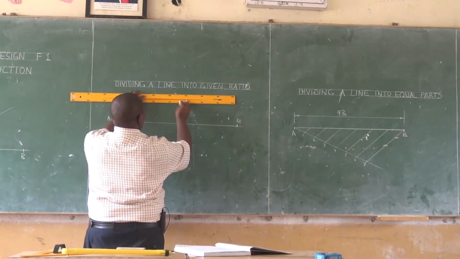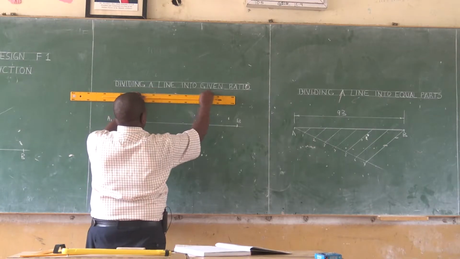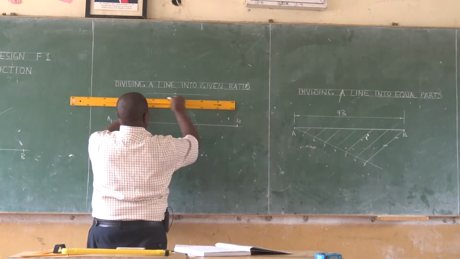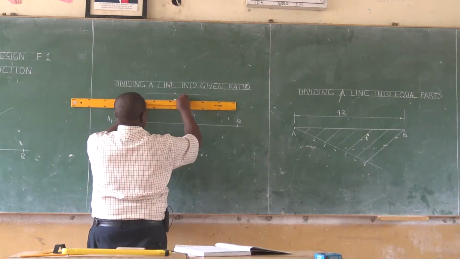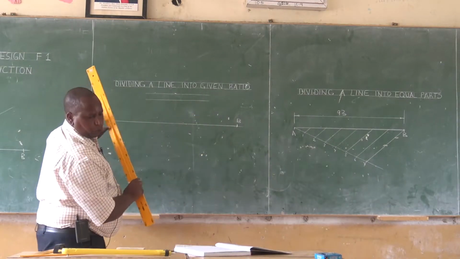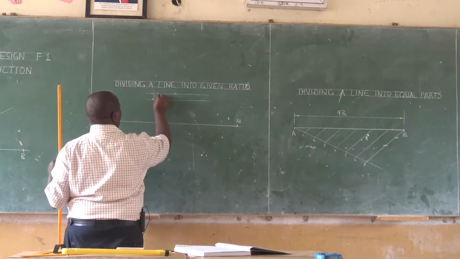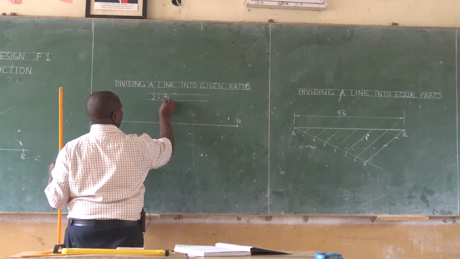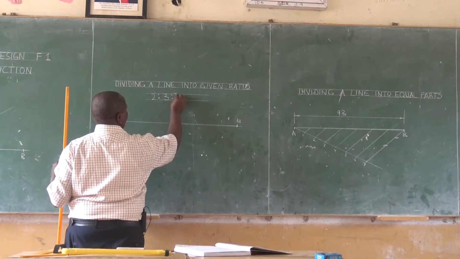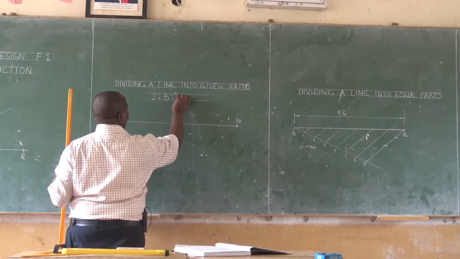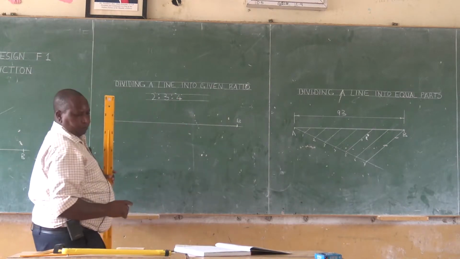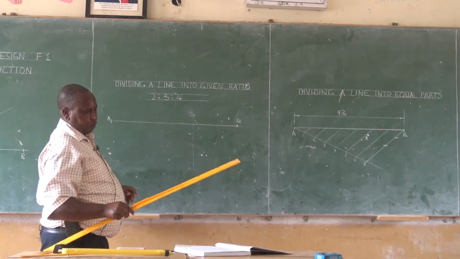And in this case, our ratio is 2 to 3 to 4. 2 to 3 to 4.